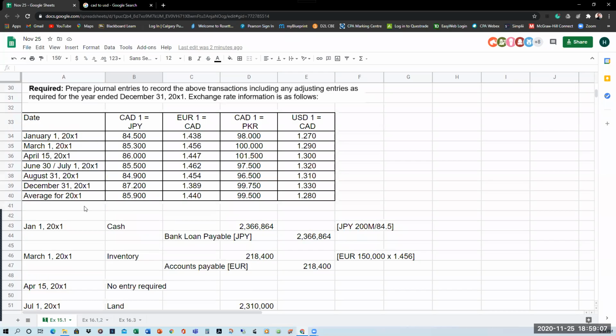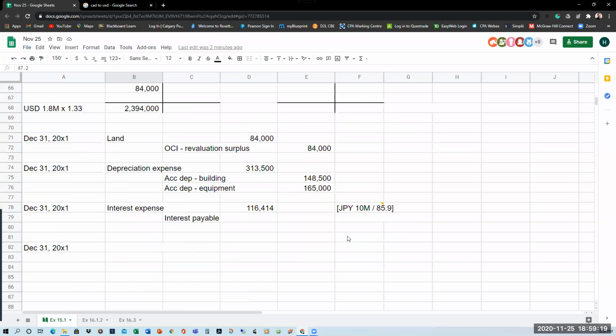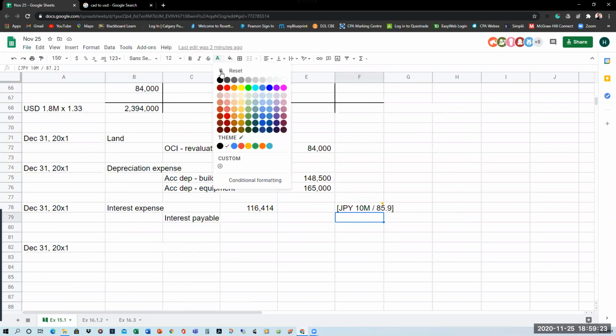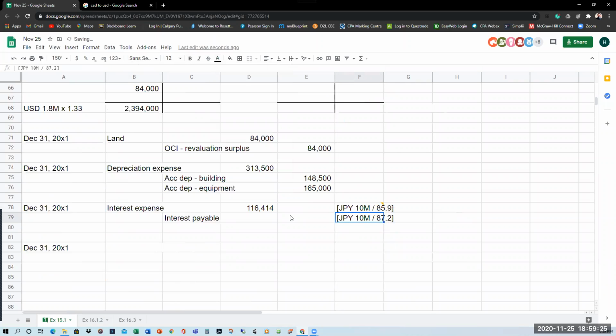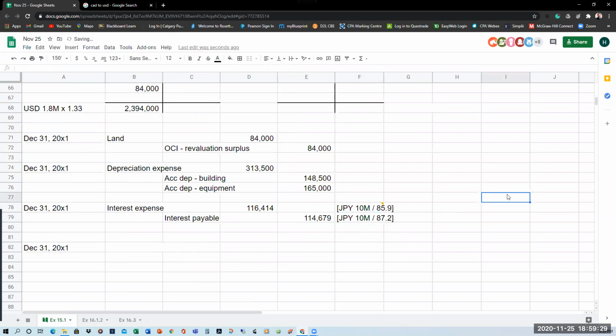So closing rate for the Japanese yen was 87.2. Right? Closing rate is 87.2. So when you divide 10 million Japanese yen by the 87.2, that gives us 114,679.